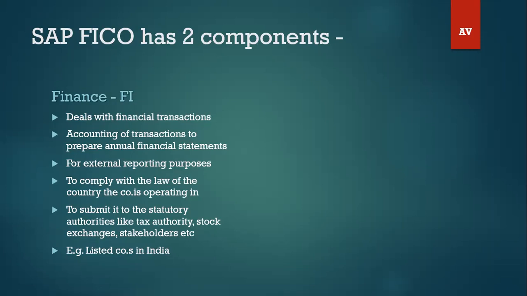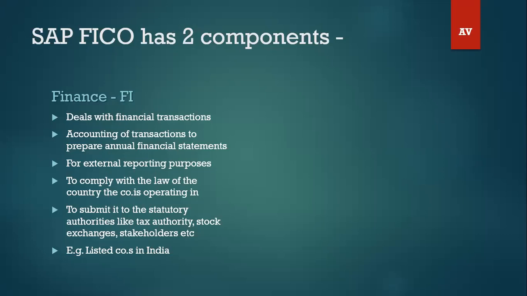And why do we need to prepare them? Because there is a legal requirement by the country the company is operating in. Let's take an example in India: companies listed on a stock exchange have to publish their quarterly financial statements. So in order to do that, we have to account for the transactions and prepare financial statements.